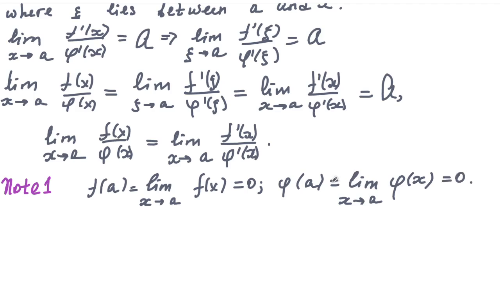Since it is obvious that the limit of the ratio f of x over phi of x as x approaches a does not depend on whether the functions f of x and phi of x are defined at x equals a.